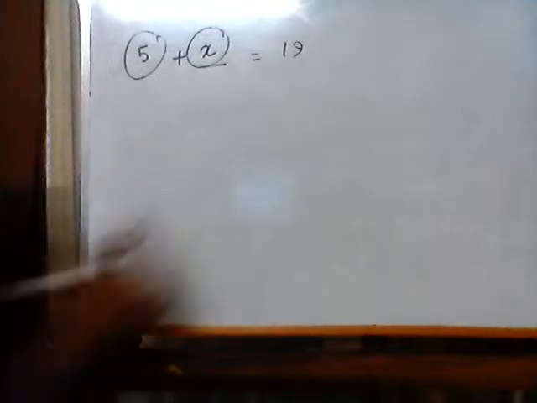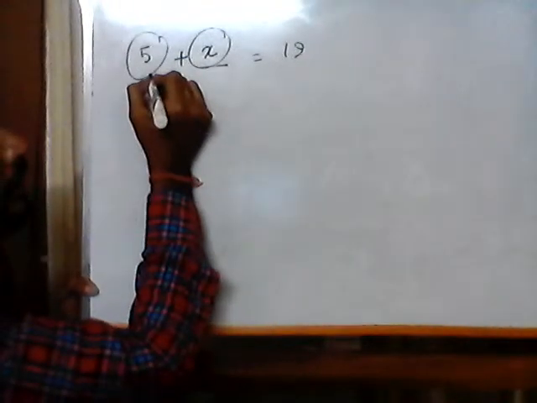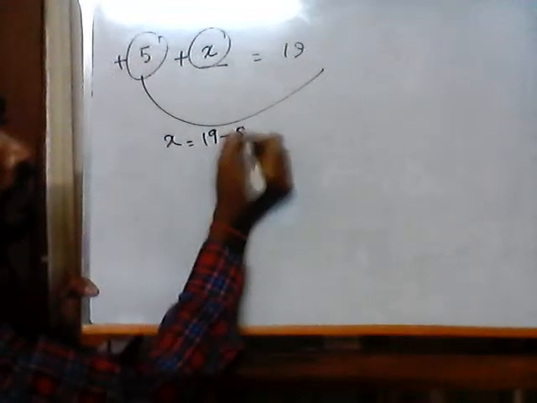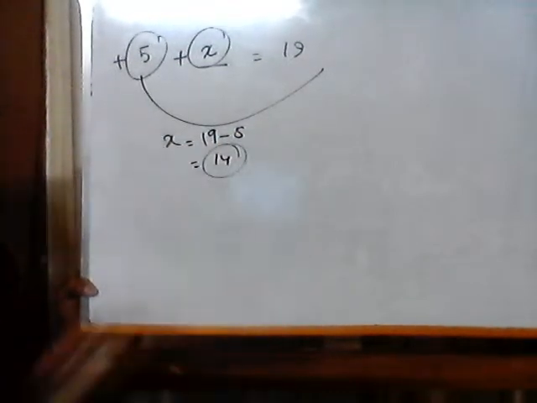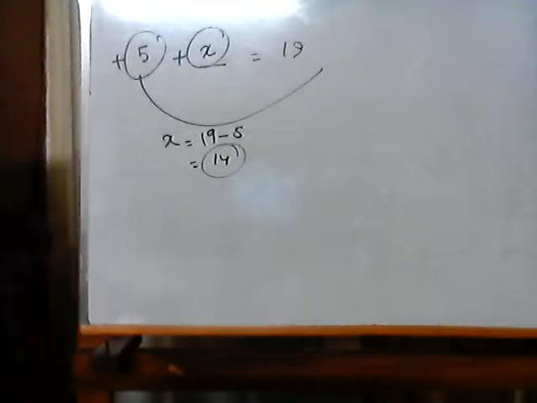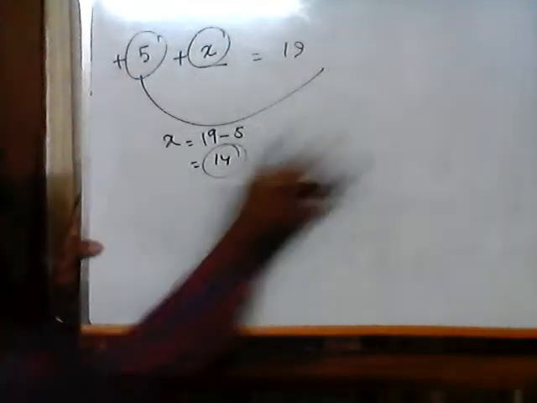समझ में आ रहा है? So to find this x, here 5 is being added, taken to the other side it will be subtracted and you will get 14. So equations help us to find the unknown numbers or unknown values. Okay, so to define an equation I can write, equation is a statement of equality.